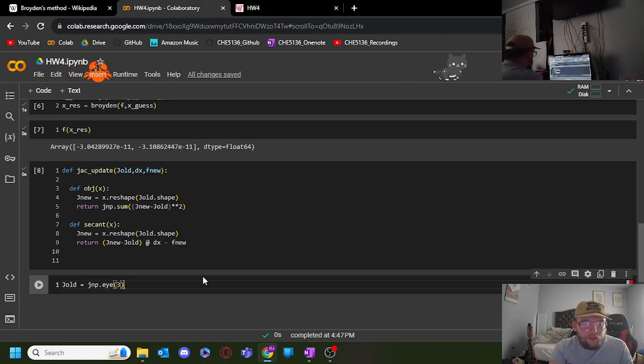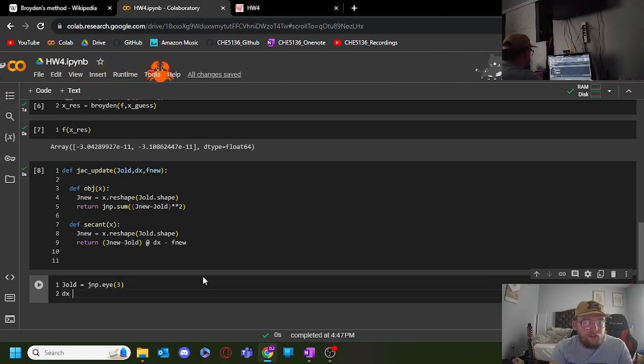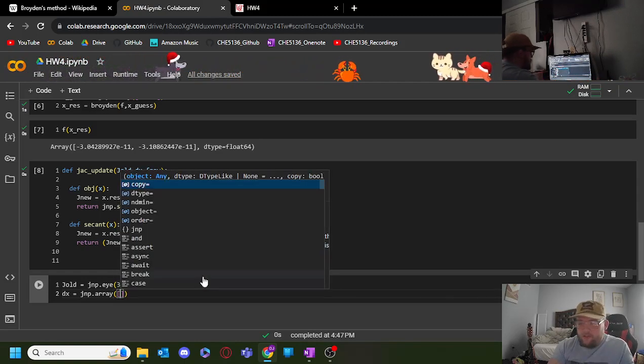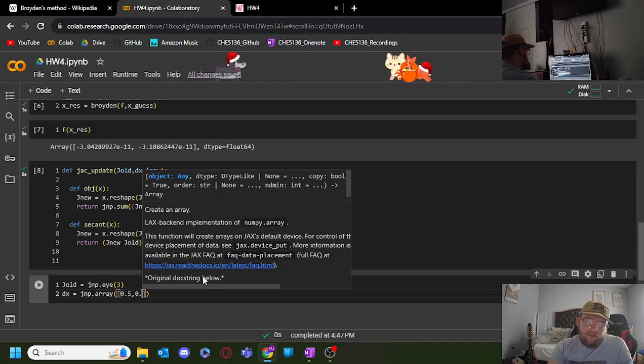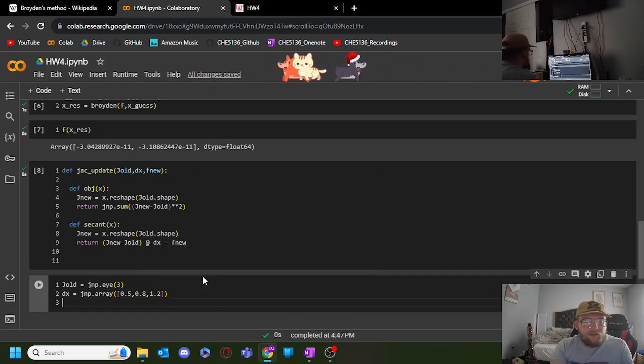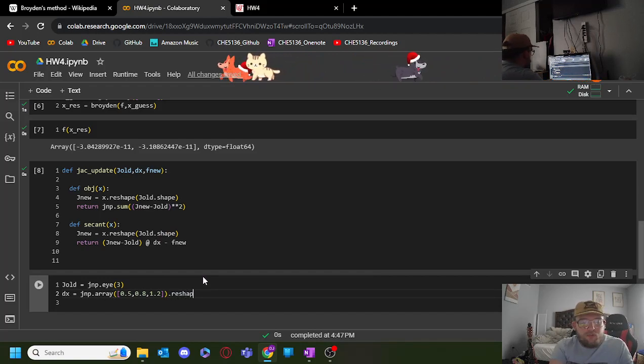Let's do 3. dx, do a jnp.array, and let's set that to, let's say, 0.5, 0.8, 1.2. And let's reshape that so it's a column.